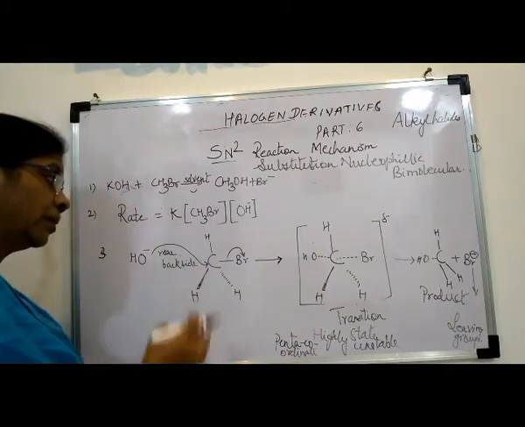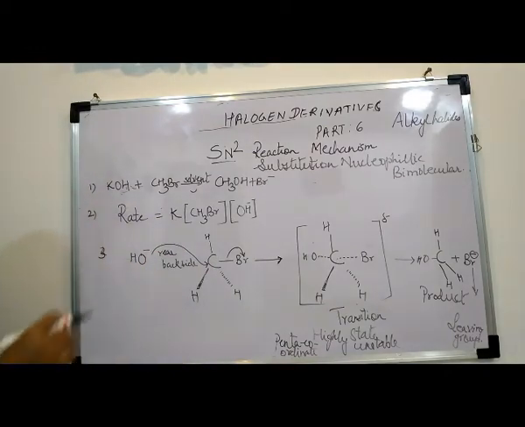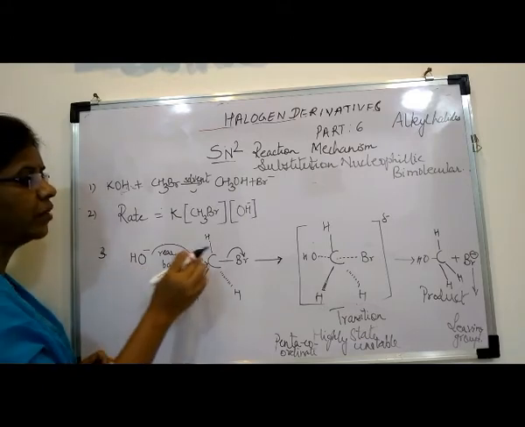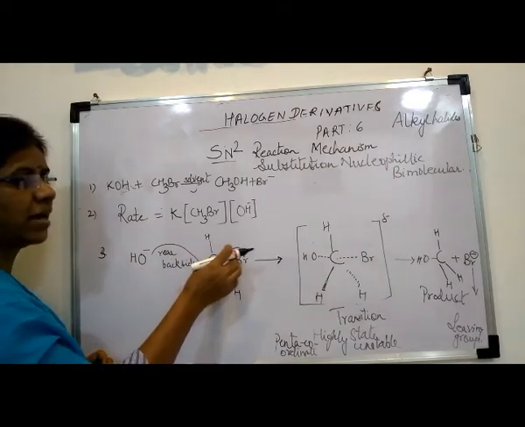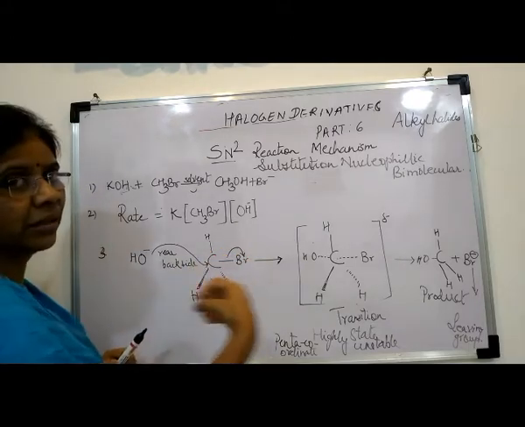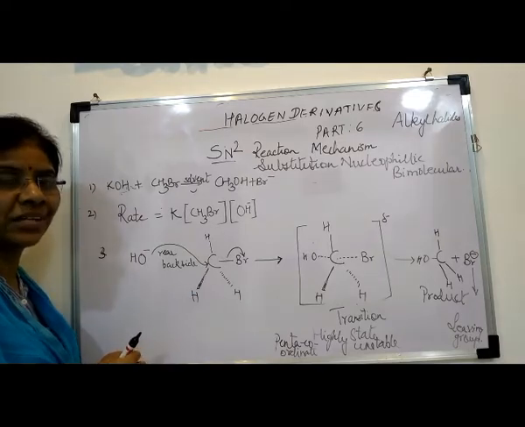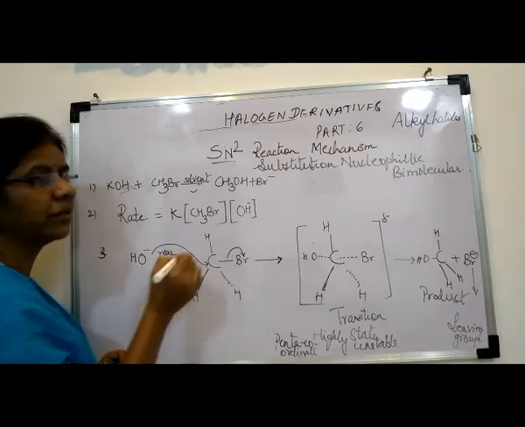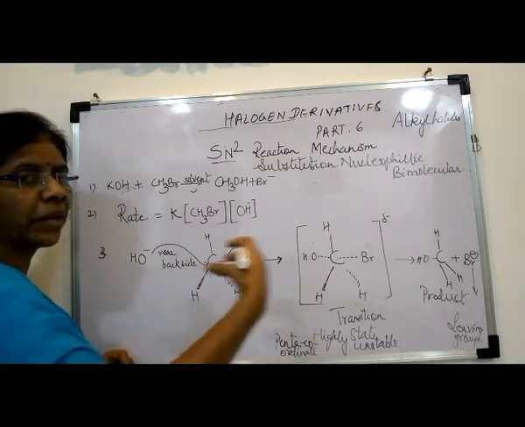The actual mechanism is that OH minus, being a strong nucleophile, what will happen now? I told you, the C-Br bond is polar. Br is pulling the electron pair towards itself, right? Since it is more electronegative than carbon, it is pulling the electron pair towards itself.